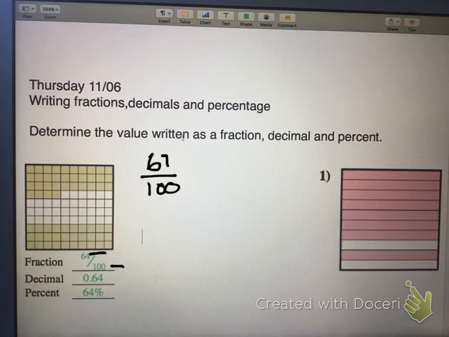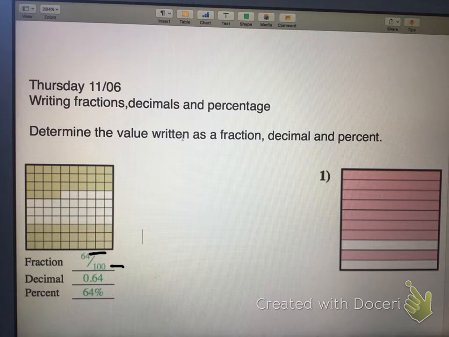I can write that as a percentage as well, which is going to be 67%. All you need to do is, when you have a fraction over 100, you can write it as a percentage. So remember that anything out of 100 can be written as a percentage. I hope that makes sense, and I'm going to move on to the next example.